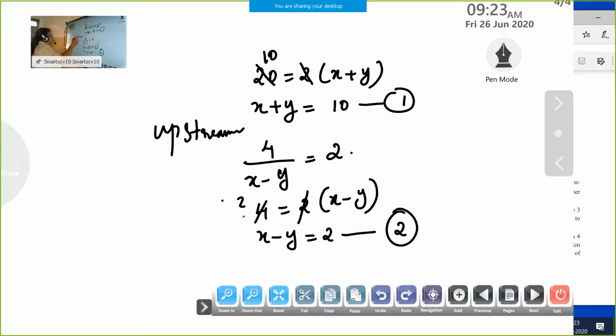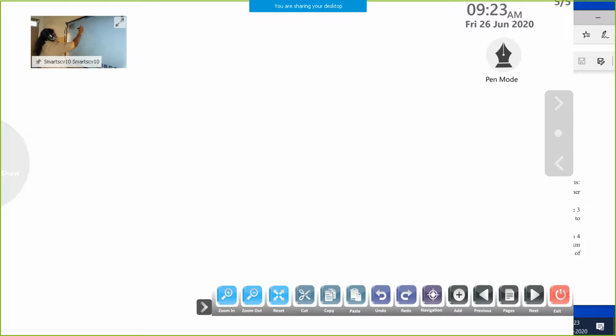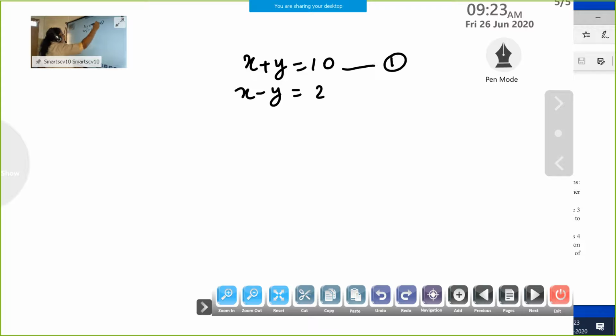Then, again using the elimination method, substitution method or cross multiplication method, find the value of x and y. That is x plus y is equal to 10 and x minus y is equal to 2. This is equation number 1 and equation 2.